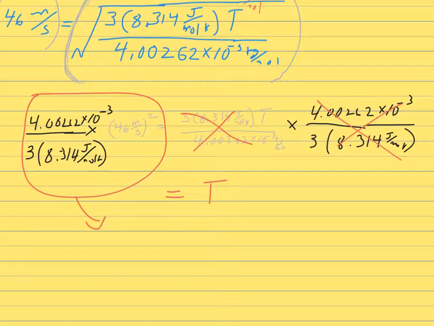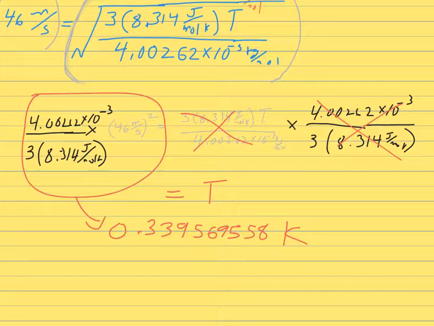It's going to give you a temperature of 0.339569558 K, or Kelvin. Now we've got to deal with our sig figs.